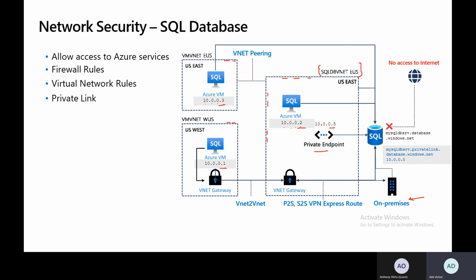So this endpoint can communicate with this, since they are in the same network. Now, there's another database at the back. Perhaps this database is from on-prem.